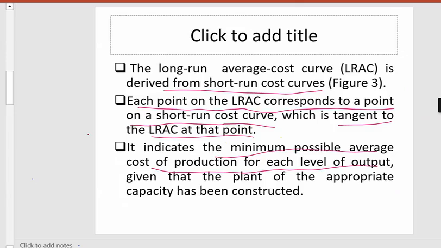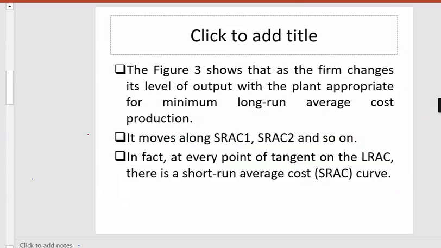Cost curves. So the figure shows that as the firm changes its level of output with the plant appropriate for minimum long run average cost production, it moves along. Kwa hiyo ina maana kuna points nyingi and so on. There are so many points that can join it.